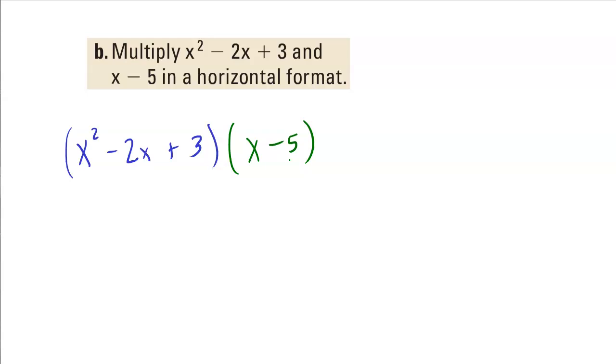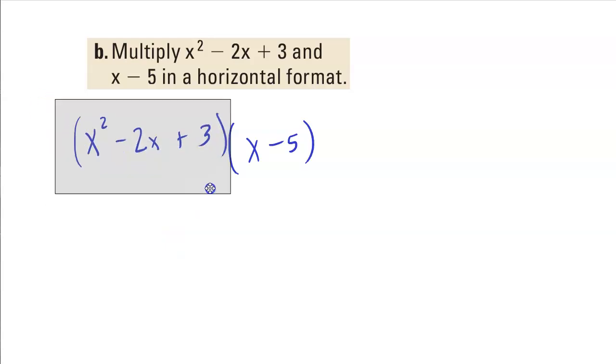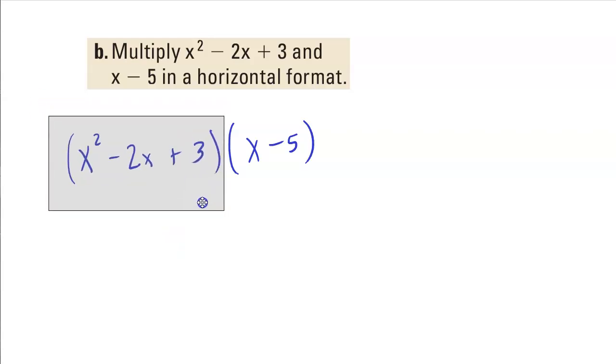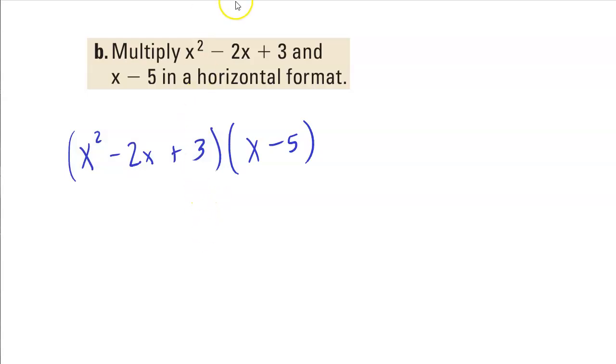And so when you multiply these together in a horizontal way, you're essentially doing the same thing. You're going to distribute one of these terms. So let's say we start with this polynomial right here. Okay, and I'm going to take each term here.